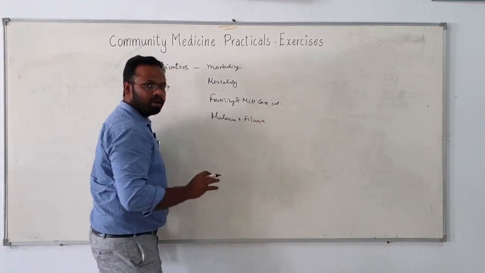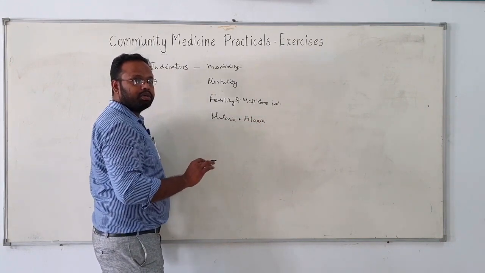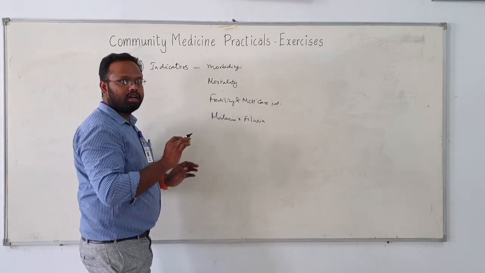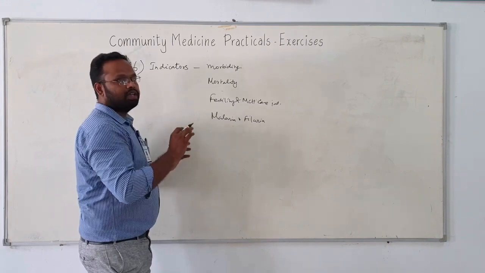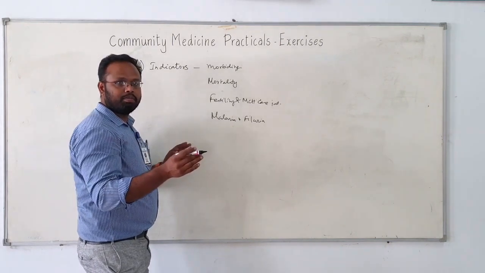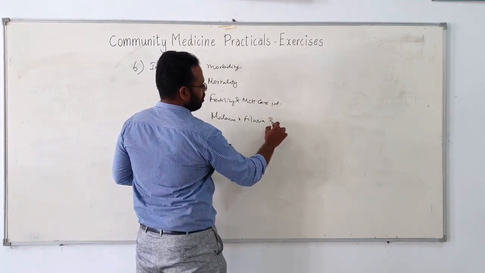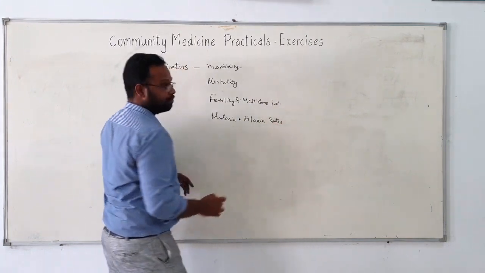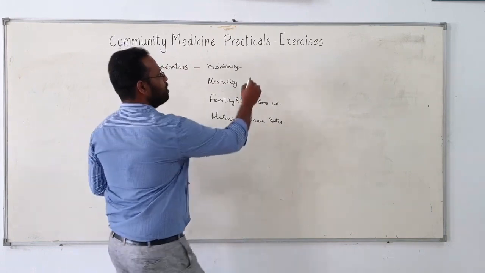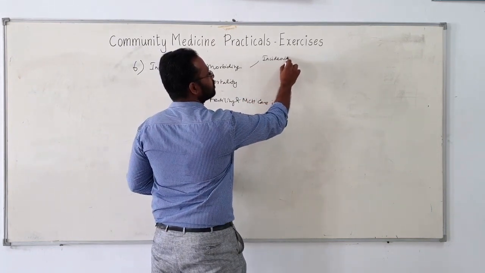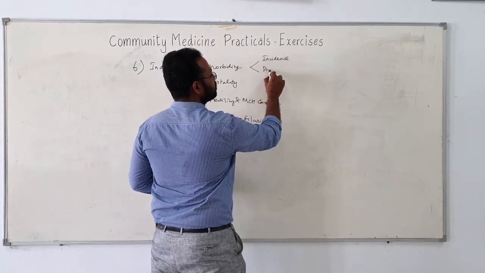These are just formulas. You have to know the definition of that particular word, then express it in percentage or thousand or lakh, that you have to understand. So morbidity we can divide into incidence and prevalence.